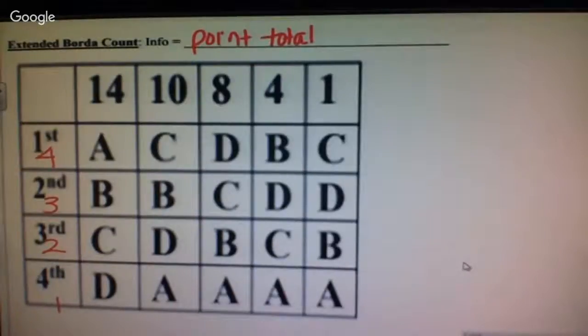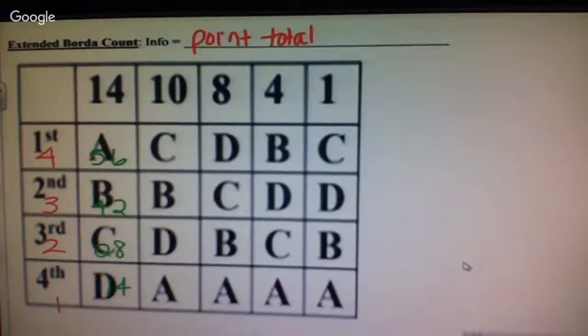So now we have to give everybody points in each column. D comes in last in this first column 14 times. So they get 14 points. They get 2 points for third place. So they get 28 points for this column. 42 and 56. So you're adding how much? Your next column.